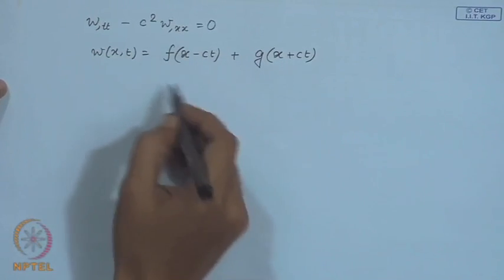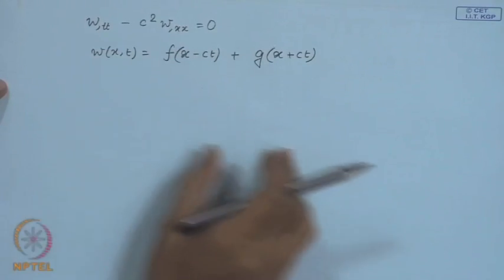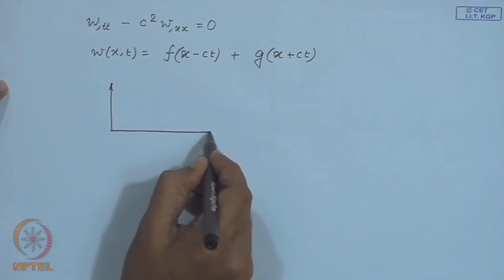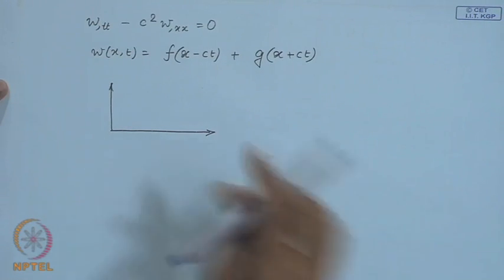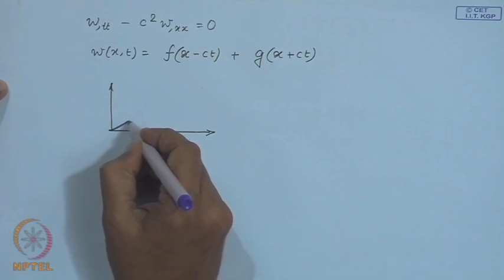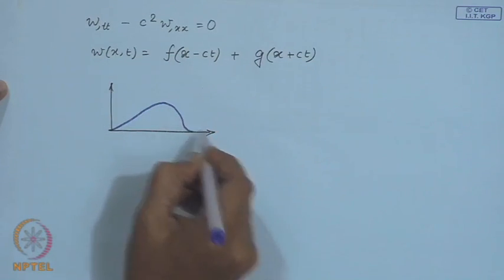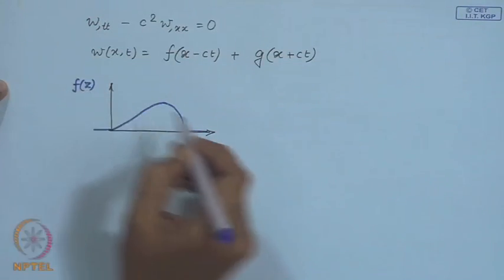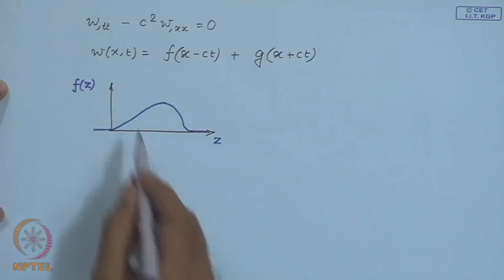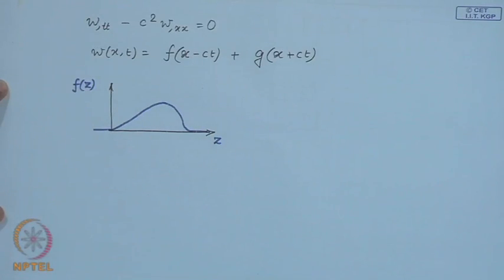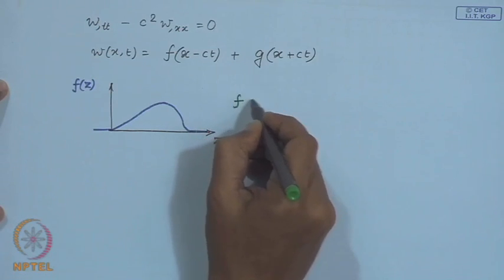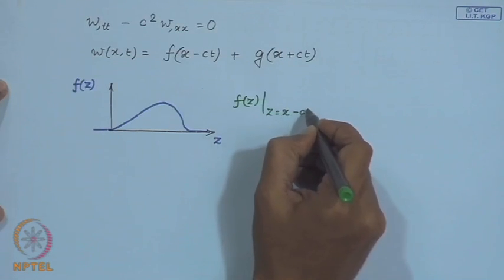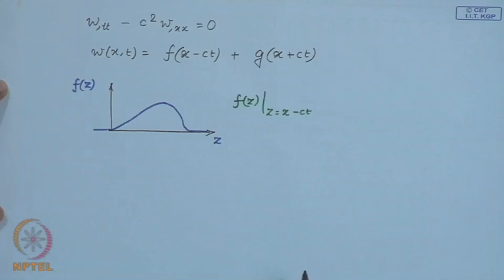So, let us say that we have a positive travelling pulse. A positive travelling pulse is represented by f(z), where z = x - ct.